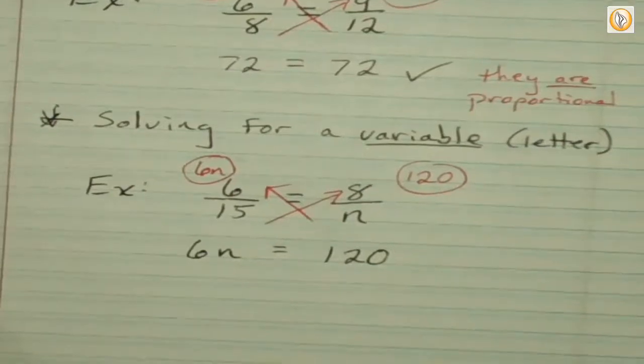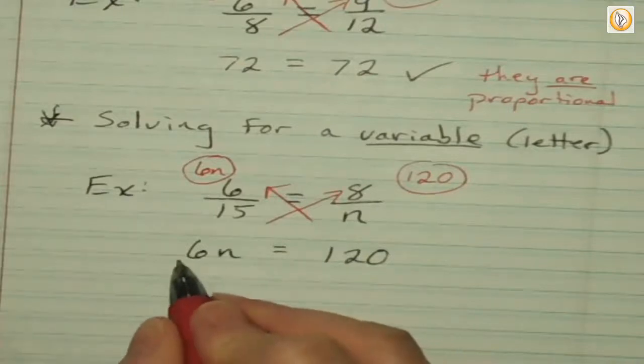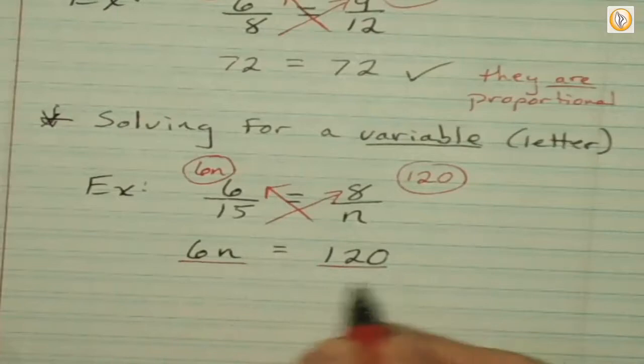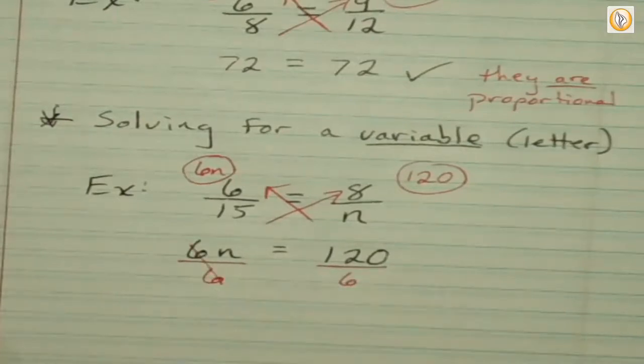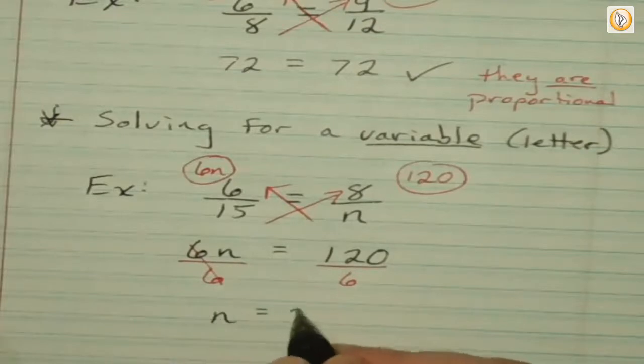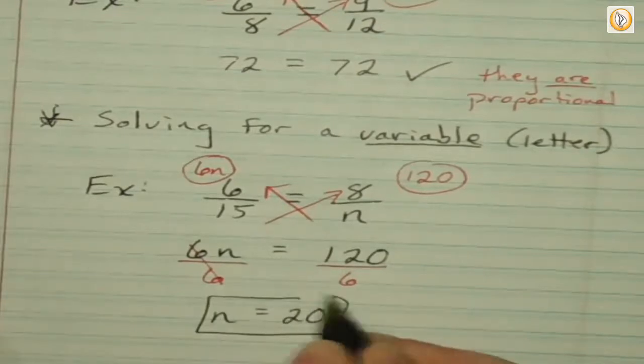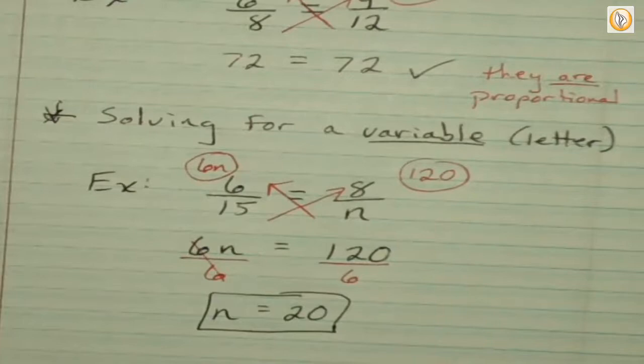Now, Taylor, what do I do? You divide 6n by 6. On both sides, right? Yep. And n equals 20. So we can use proportions to find out what a missing variable or a missing number is.